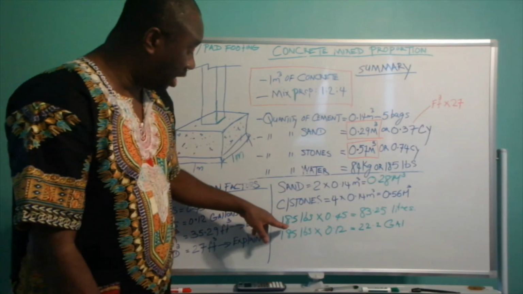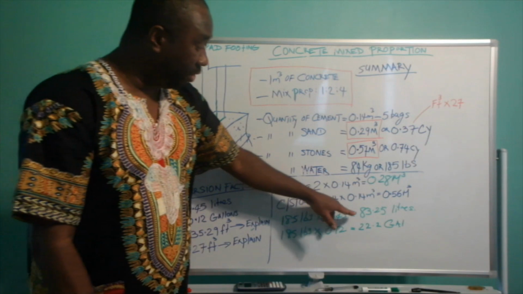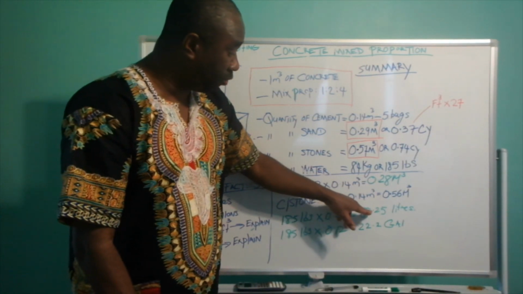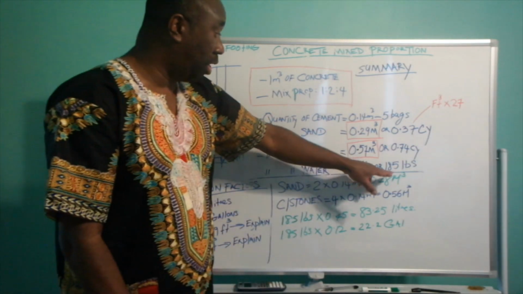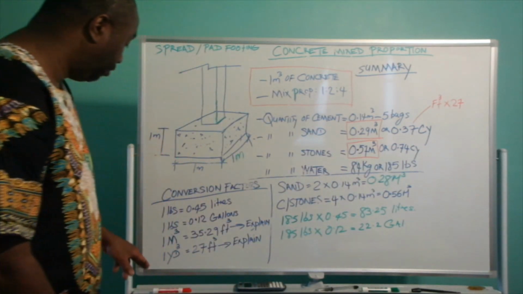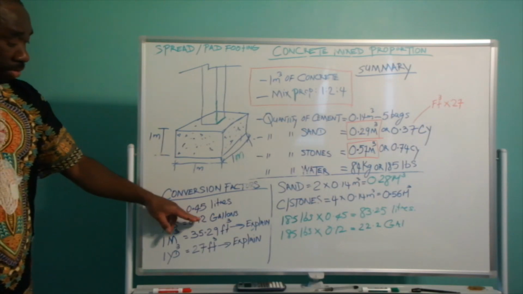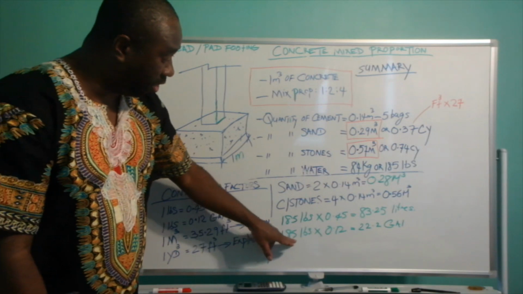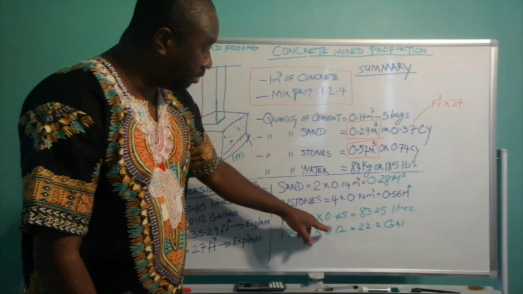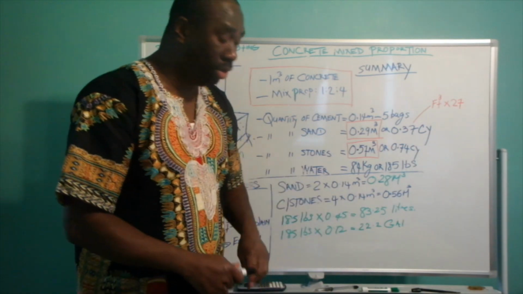So you times that 185 pounds by 0.45, and the result of that is 83.25 liters. Now, to convert this 185 pounds to gallons, 1 pound is equal to 0.12 gallons. So therefore you times this 185 pounds by 0.12, and the result of that is 22.2 gallons.